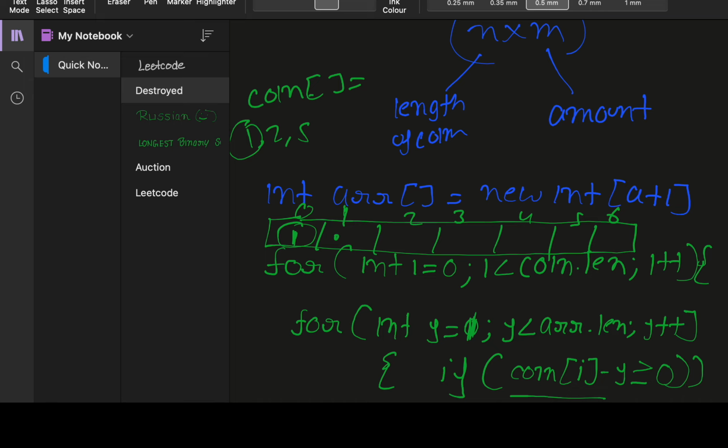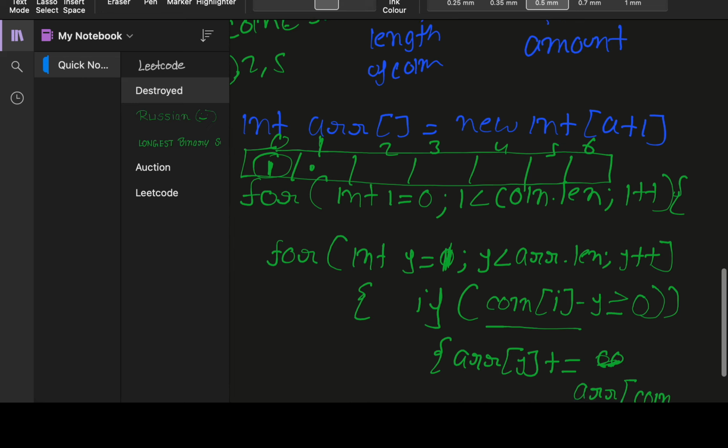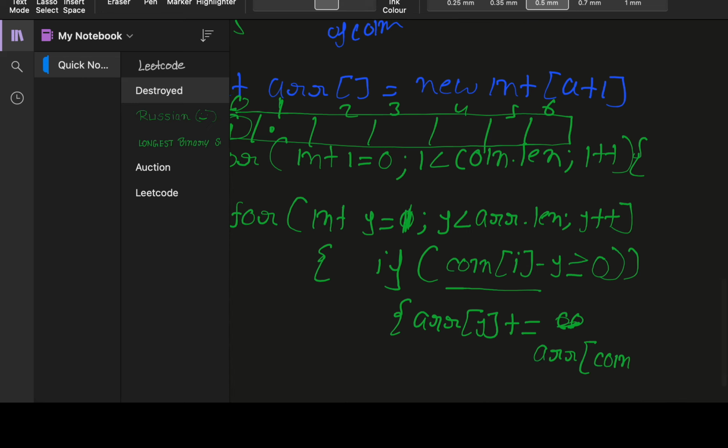So what we do, we basically do arr j equal to arr j plus the value we get from here, like arr of how much amount we pay, so it is arr of j minus coin i.